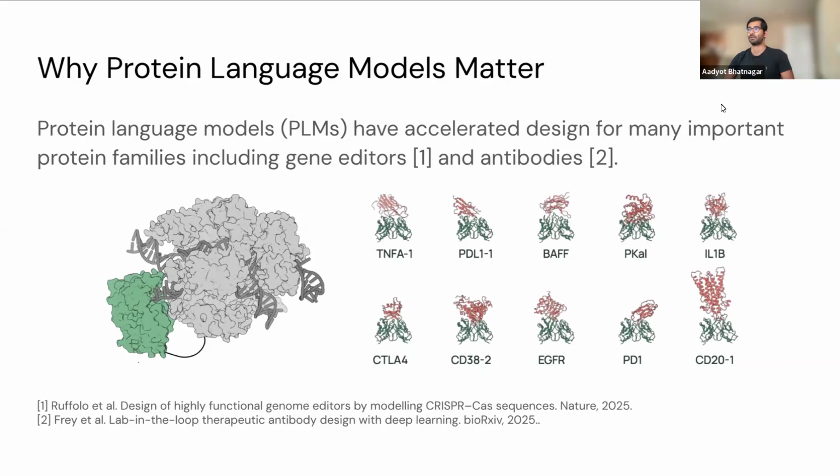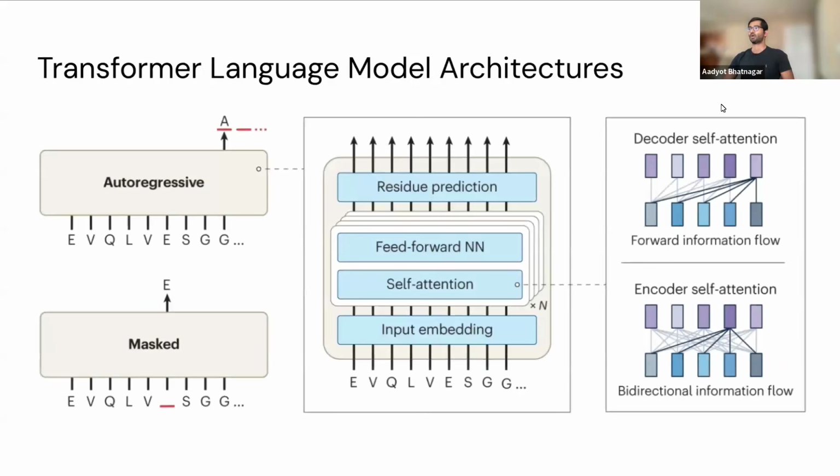So now, talking a bit about how these PLMs actually work, for this talk, I'm going to be focusing on sequence-based transformer protein language models. And how these models work is they take as input a sequence of amino acids, they'll embed it, and then they'll push it through a bunch of transformer layers before doing some sort of a residue prediction task. And in each of these transformer layers, you have two components, which I'll touch a bit more on later.